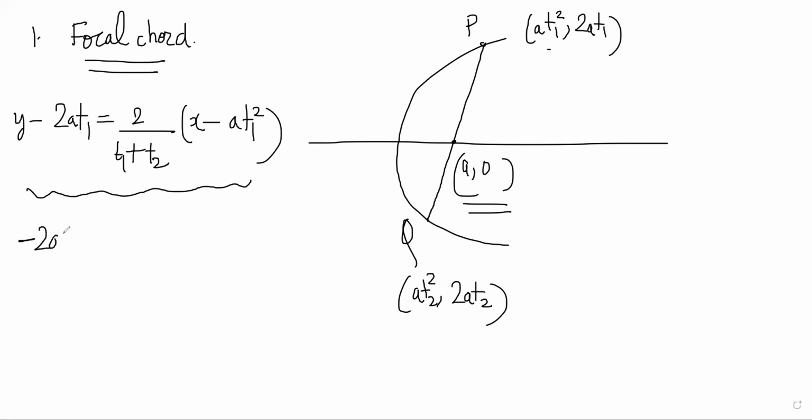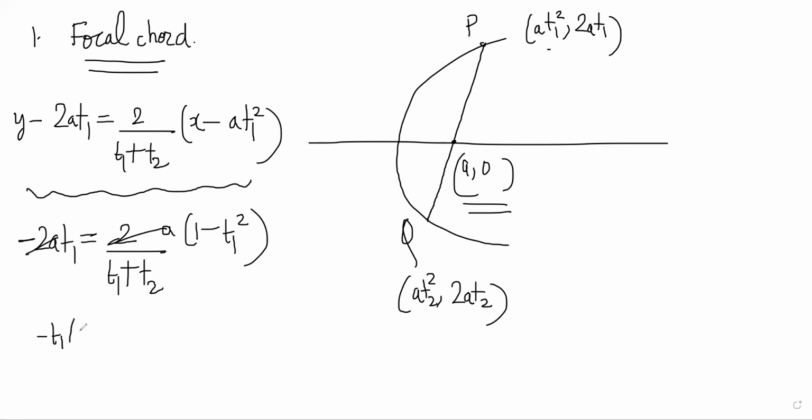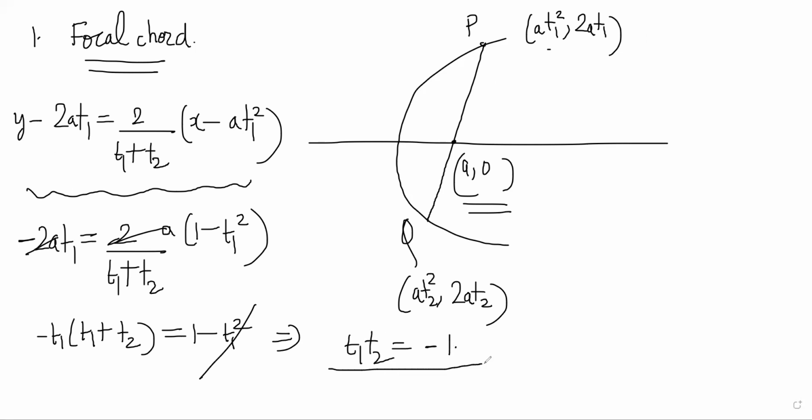So you'll get minus 2a T1 is equal to 2 by T1 plus T2 a 1 minus T1 square, right? 2a cancels and you get minus T1 into T1 plus T2 is equal to 1 minus T1 square. And that becomes minus T1 square gets cancelled. And you get minus T1 T2 is equal to 1, or T1 T2 is equal to minus 1, right?